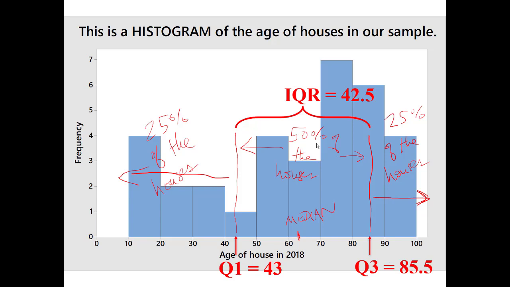So that is a demonstration of how we can observe the interquartile range on a histogram. I think that's all for this bit.